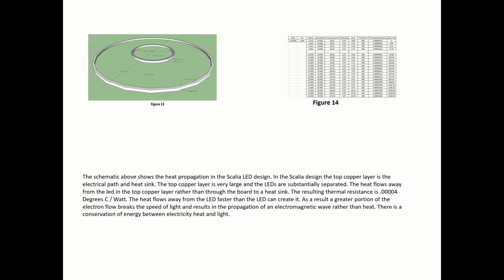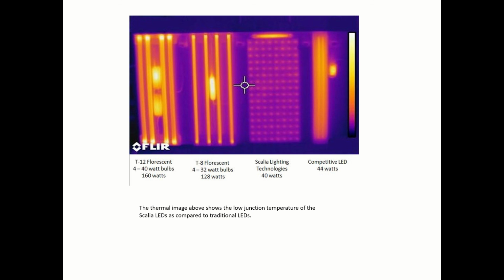So we're going to have less flywheel motion in the material that makes up the LED, and less thermal resistance, less electrical resistance, so a greater portion of the electricity will be converted into light. And since we have such a very low amount of thermal resistance and electrical resistance, we can get a very, very high percentage of the electricity converted into light.